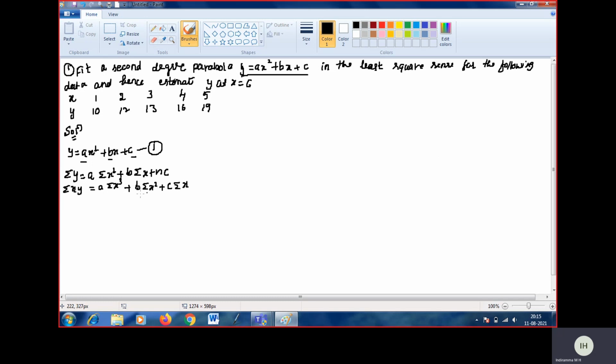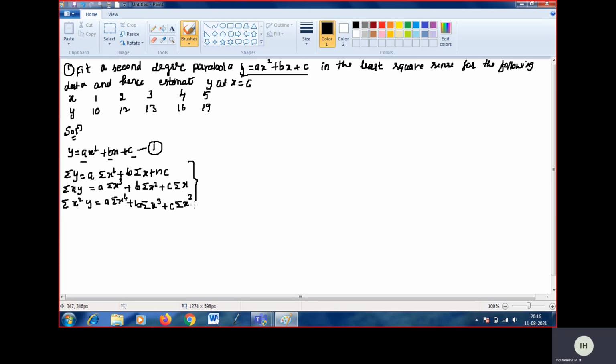Right? This is the second normal equation. Then multiply equation 1 by x square, then take the summation. So we obtain summation of x square into y is equal to a into summation of x to the power of 4 plus b into summation of x cube plus c into summation of x square.